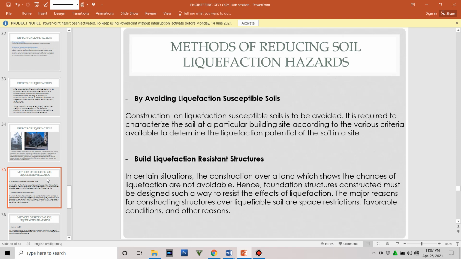Actually, we have two options in dealing with liquefaction. If we could not possibly improve the soil, then find a way that your structure will resist the effects of liquefaction.